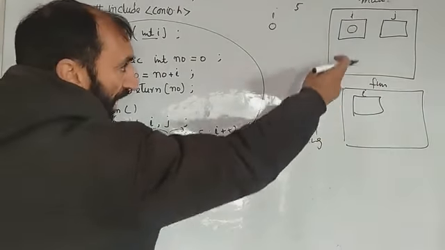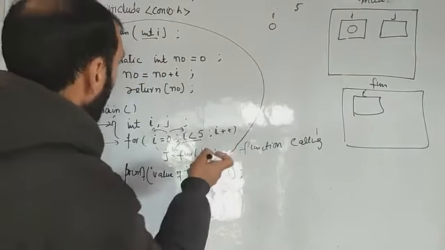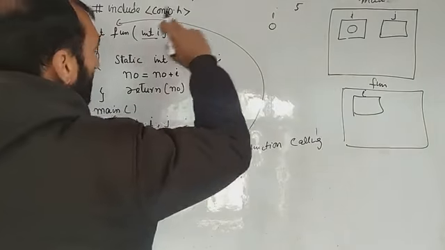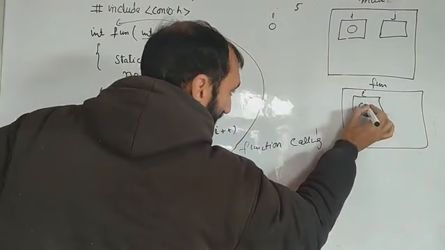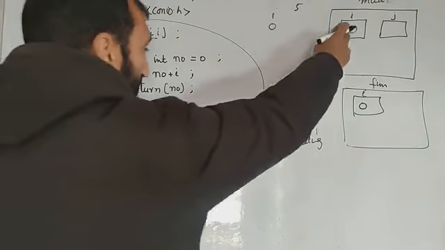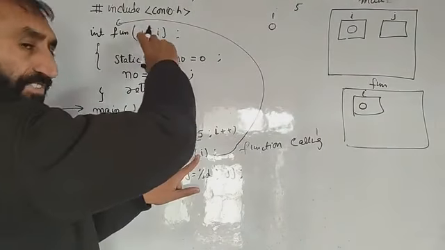What is i here? i is 0. That value is passed automatically, and here it will take i, whose value was 0.